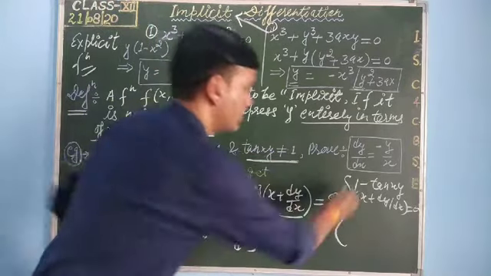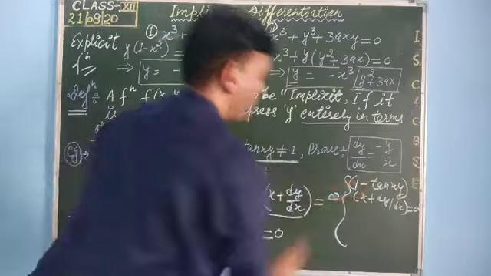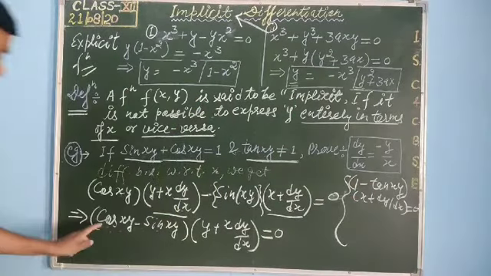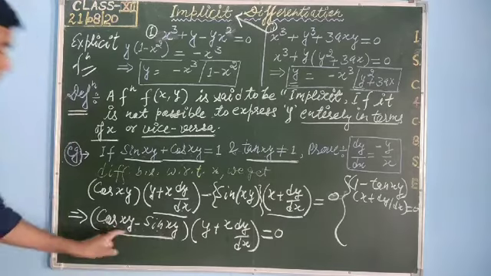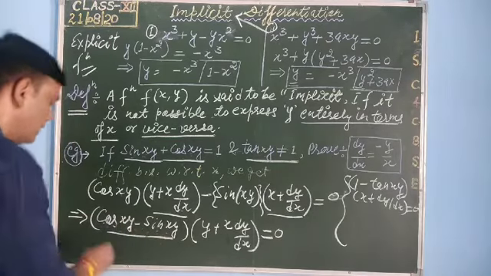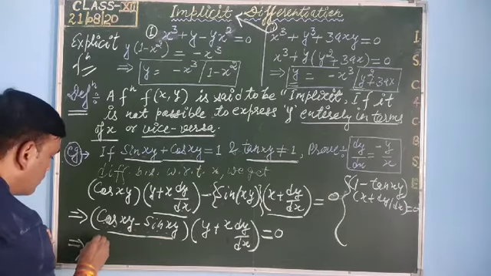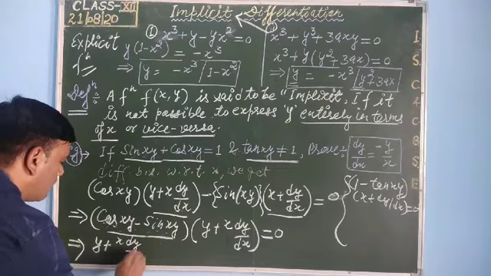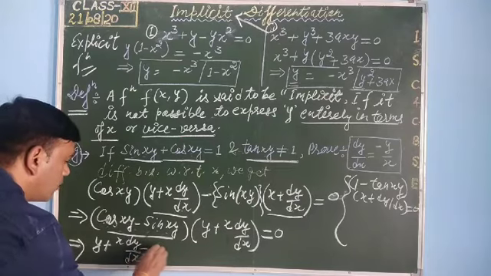It means this term cannot be 0. So if 1 minus tan xy is not equal to 0, we'll get here only y plus x dy upon dx is equal to 0.